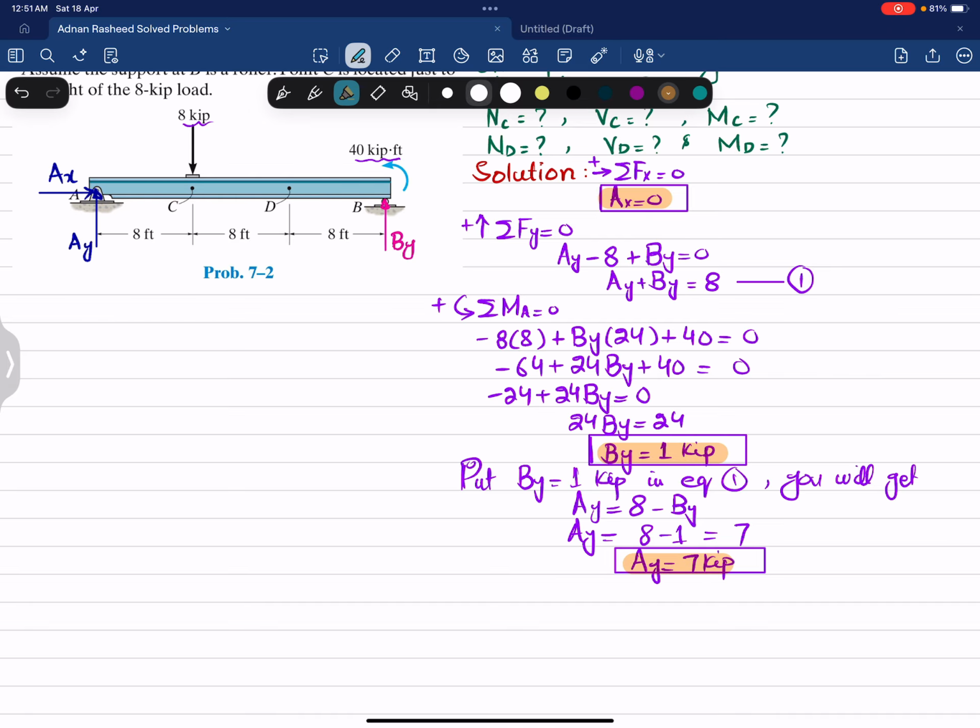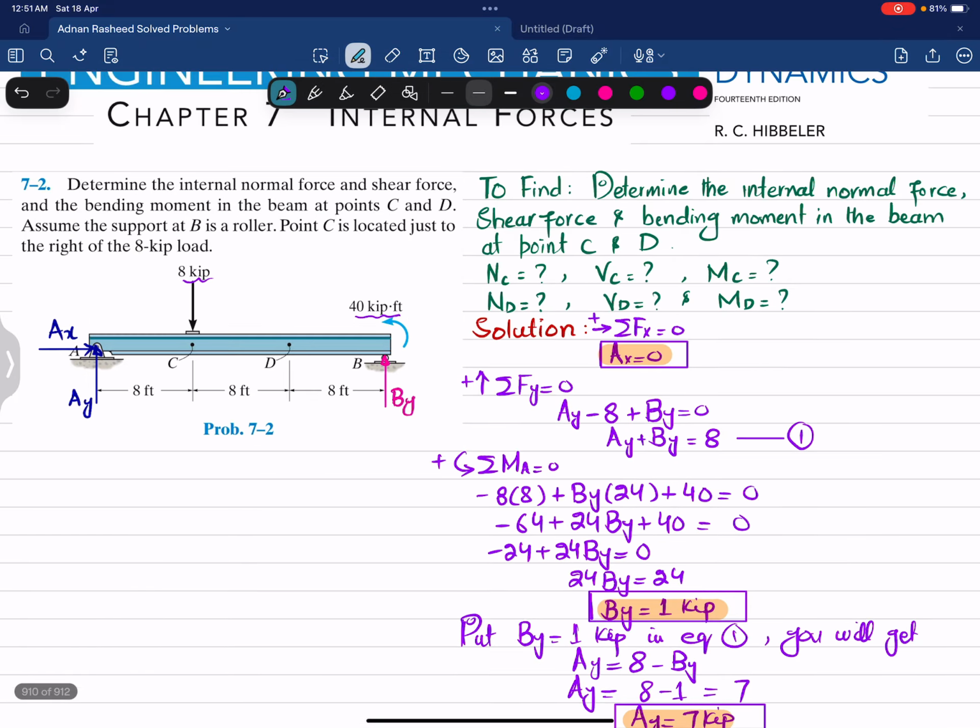Now, as we have been asked to find the internal loading at point C, for that we will cut this beam at point C, which is just to the right side of this 8 kips load, and we will draw the free body diagram.